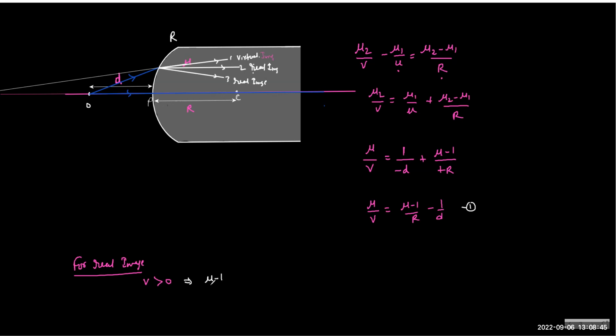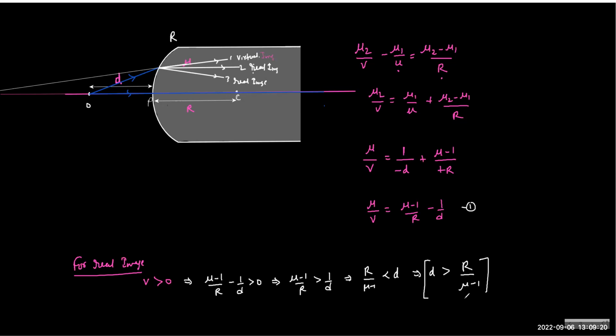So this implies (mu minus 1) upon R minus 1 by D is positive, which implies (mu minus 1) by R is more than 1 by D, which implies R upon (mu minus 1) is less than D. Obviously, if the value of D is greater than R upon (mu minus 1), what do you get? You get a real image.